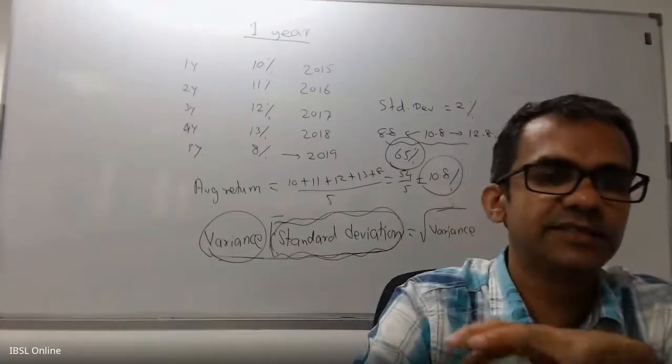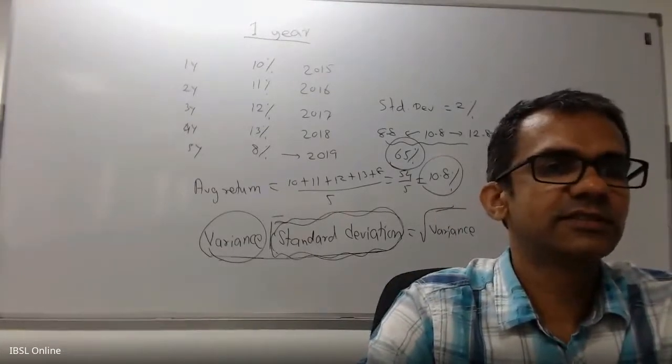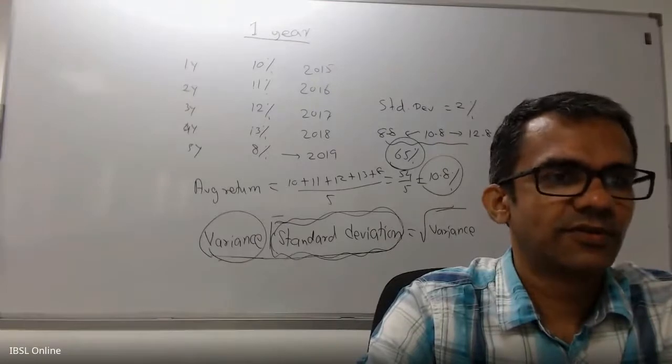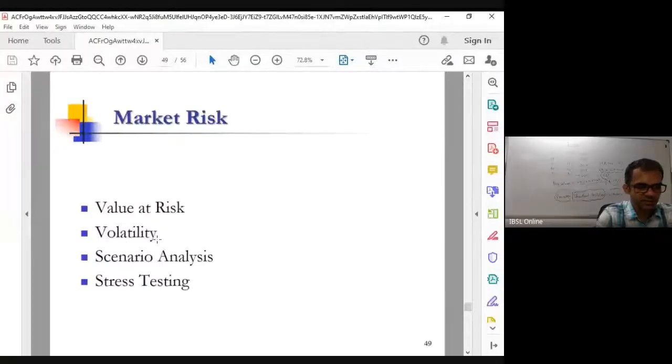Standard deviation in financial terms, we call volatility. If the volatility is high, what does it mean? Your return can deviate far away from your mean return.